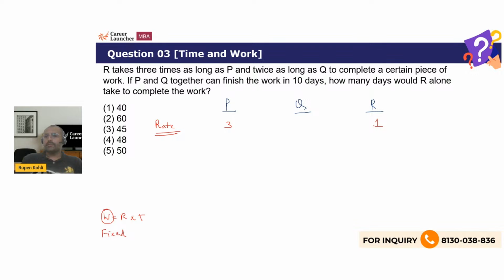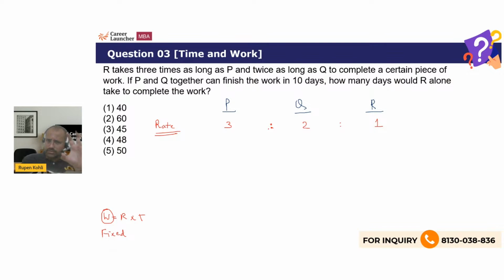This is ratio numbers. And R is also taking twice as long as Q. So if R's time taken is twice of Q, R's work rate is half of Q, or the other way around, Q's work rate is twice of R, so 2:1. So I can easily understand 3:2:1 is the ratio of the work rates. Once this is done, we can assign them the values of the work rate.